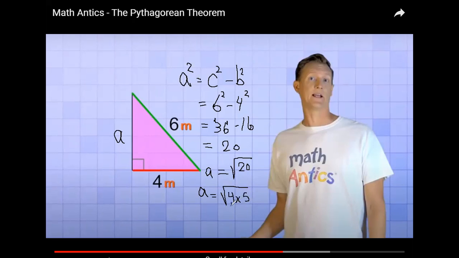Now we can find the root of 4, then the value of A will be equal to 2 root 5. Okay, so all of this represents A squared. After that, we are looking for the value of A, so we will find the square root. Understood?